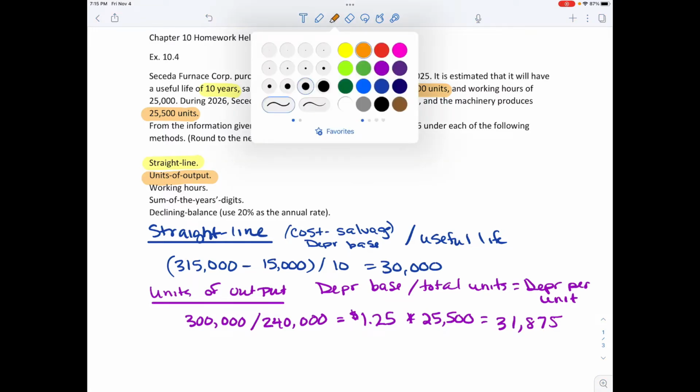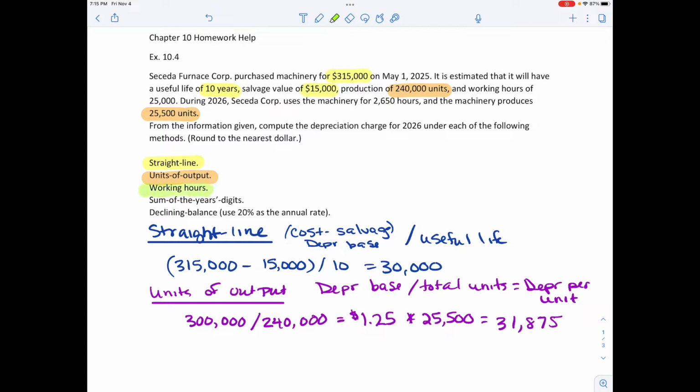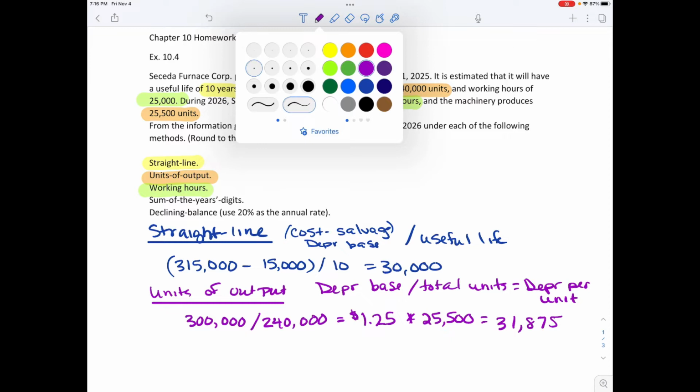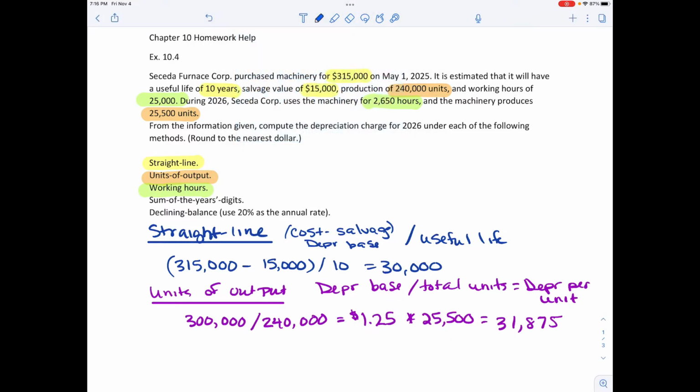Now working hours is done the same way, but it's based on hours. So we're going to look at the total number of hours and then how much they used just that year. So again, same formula here, so we're not going to have to memorize anything else on that one. But the working hours done again the same way.